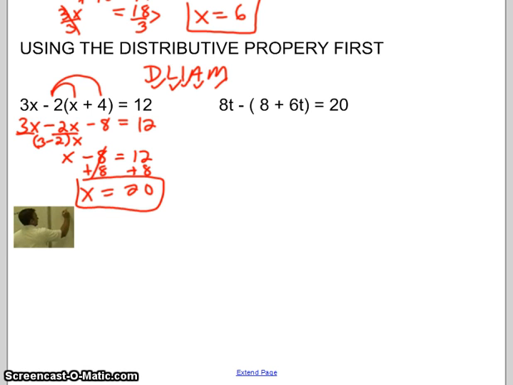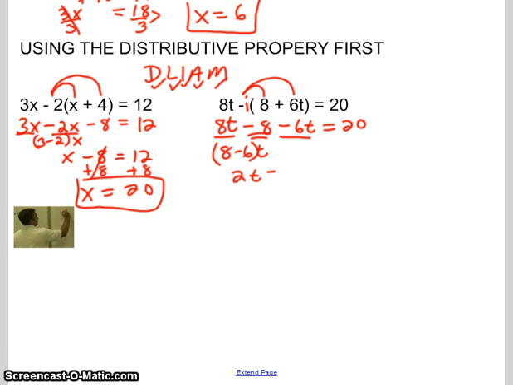Next one, still distributive property. Remember this negative 1 deal. Alright, we distribute the negative throughout. Okay, so we have negative 8 minus 6. Remember the signs just change inside the parentheses. Bring everything else down. Combine like terms. Alright, we have 8t and negative 6t. 8 minus 6 is 2, so 2t.